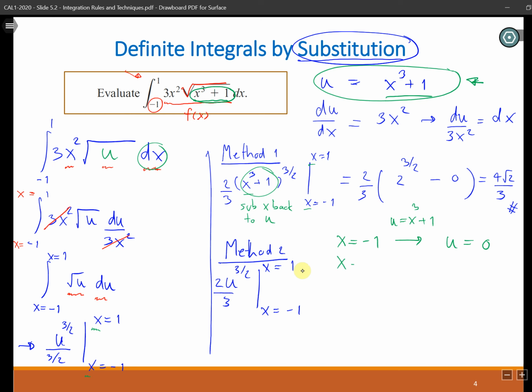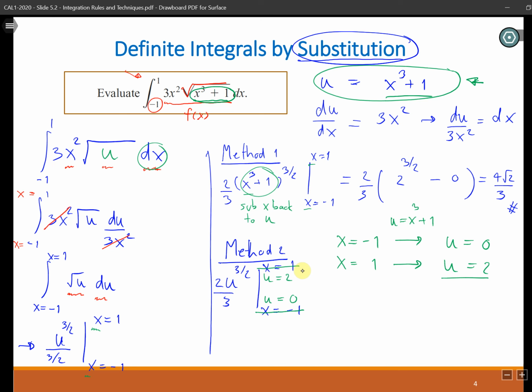If x equals 1, then u is going to be 2. Now, x equal to minus 1 is the same as u equal to 0. x equal to 1 is going to be the same as u equal to 2.